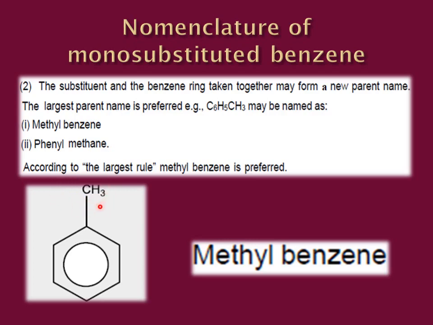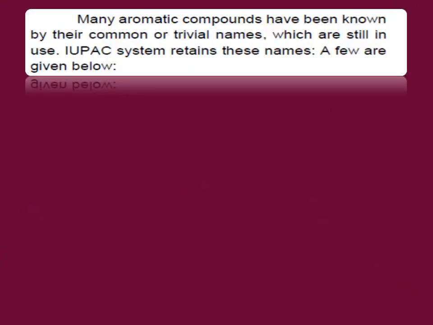Students, in organic chemistry, many aromatic compounds, means benzene containing compounds, have been known by their common or trivial names, which are still used. IUPAC system retains these names. A few are given below, and you will see that even in IUPAC naming, we are going to use these names.